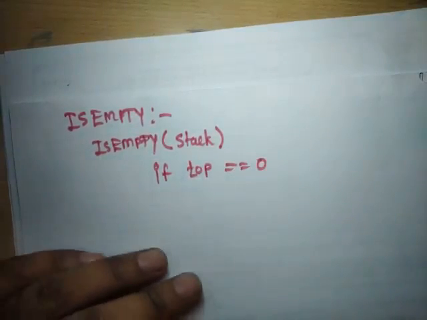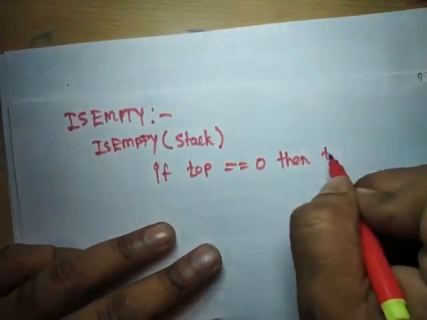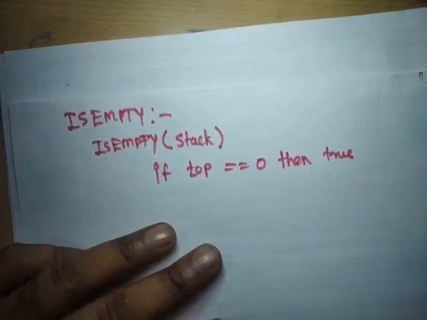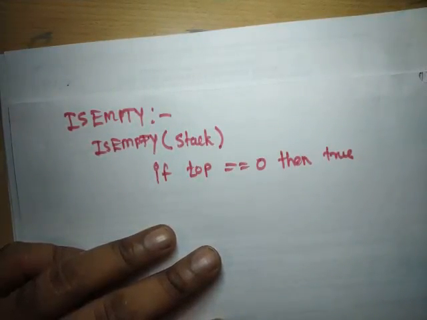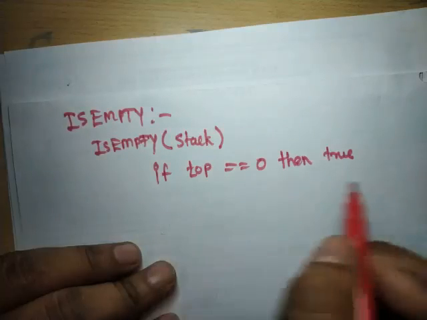If top is equal to 0, then it will return true, meaning the stack is empty, or print a message that the stack is empty.